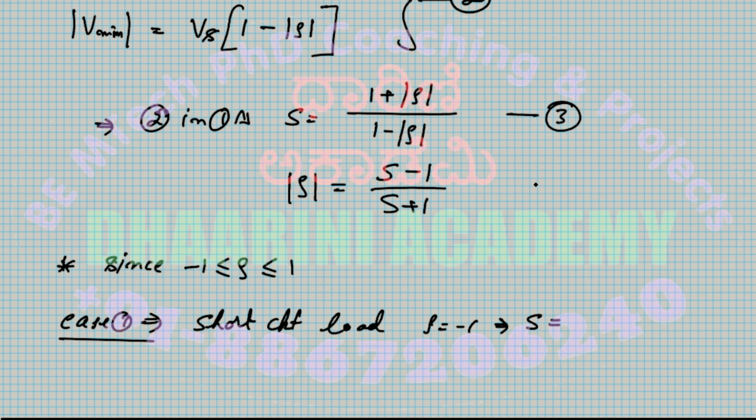Substitute in equation number 3, because the rho value is known to you. Substitute rho equal to minus 1. Take the magnitude of rho, it becomes plus 1. So the denominator is 1 minus 1, which is 0. So S is equal to infinity for a short circuited load.